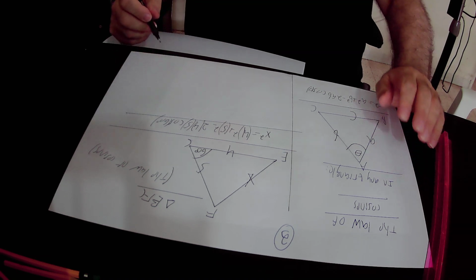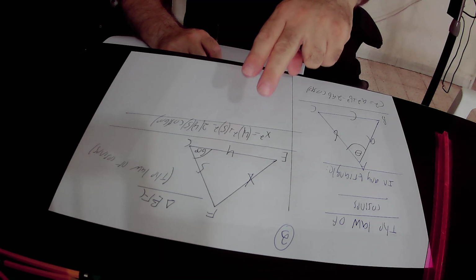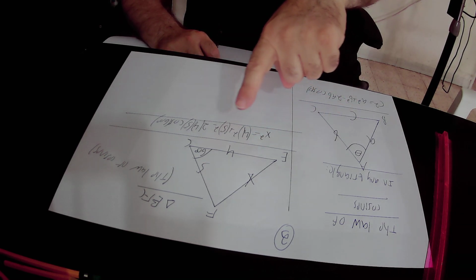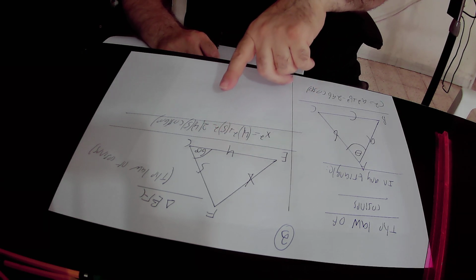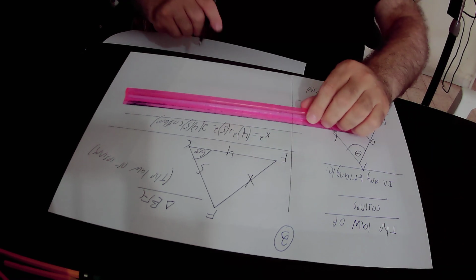This equation is the implementation of the law of cosines in triangle EFC. I repeat again, x squared equals 4 squared plus 5 squared minus 2 times 4 times 5 times cosine 60 degrees. Okay?